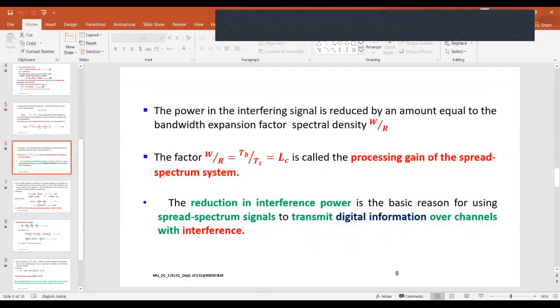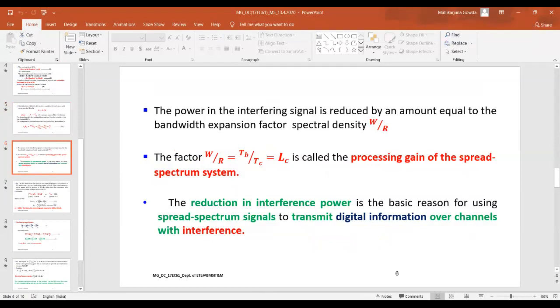So the power in the interfering signal is reduced by an amount which is equal to the bandwidth expansion factor. I said the bandwidth expansion factor, which is equal to what? W by R, right? W is equal to 1 by T_C, R equal to 1 by T_B, I can write.